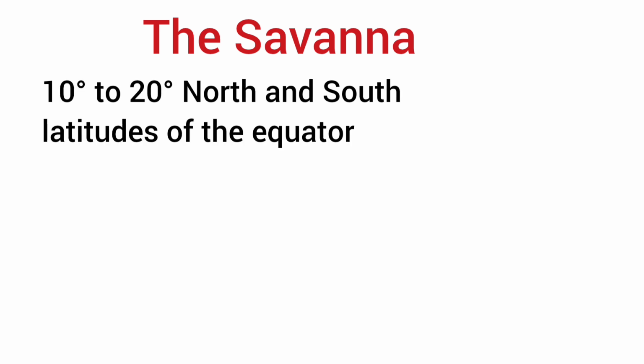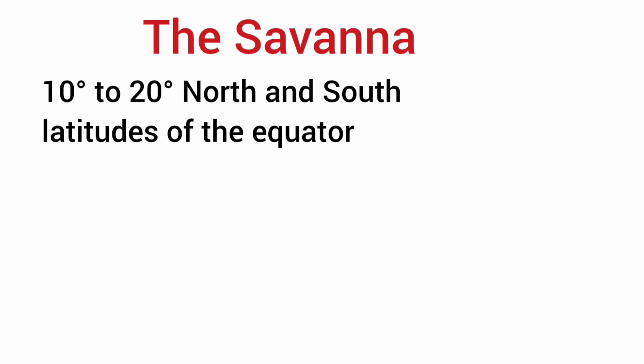The second one is the savanna. The savanna zone extends from 10 degrees to 20 degrees north and south latitudes of the equator. Natural vegetation turns into dense forests towards the equator and wide grasslands.